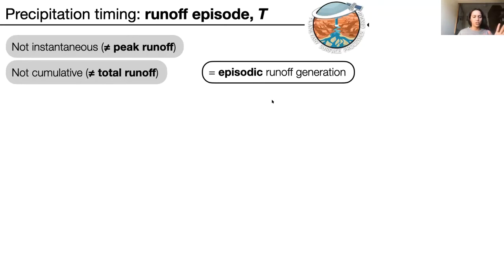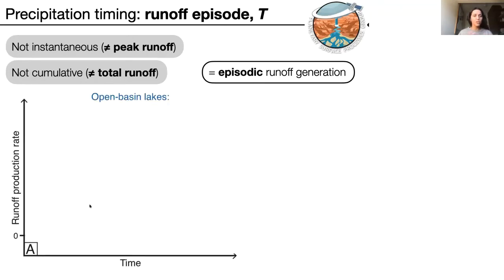I'll show an example of this. Another way to think about this is graphically. On Mars, we think that climate was probably quasi-cyclical, where there were episodes of more runoff and less runoff, something like this, an oscillating climate which produces runoff over time.